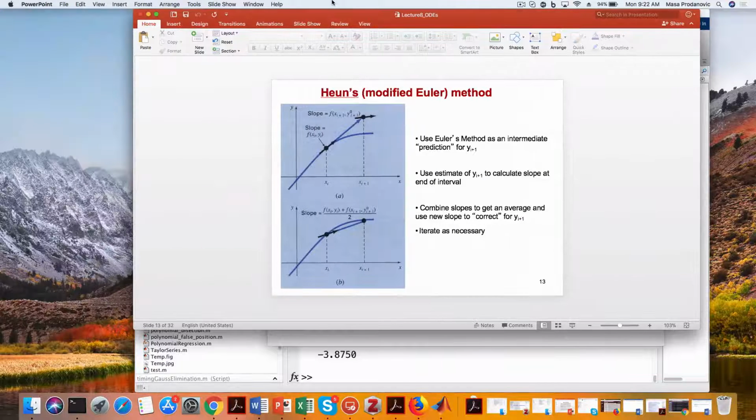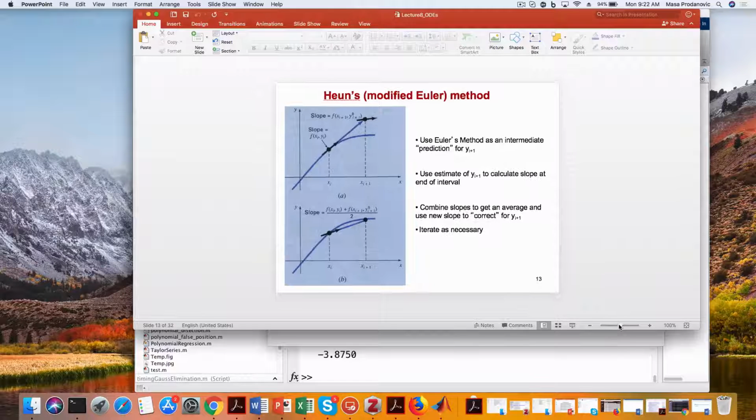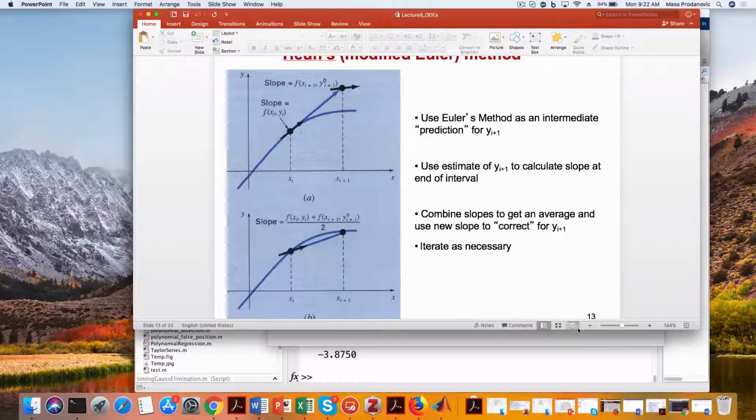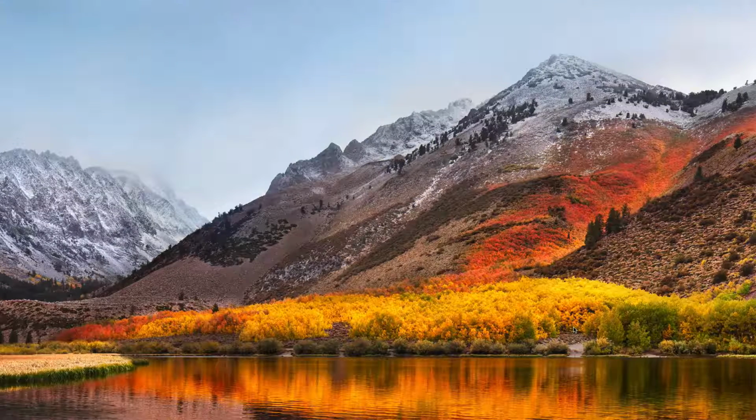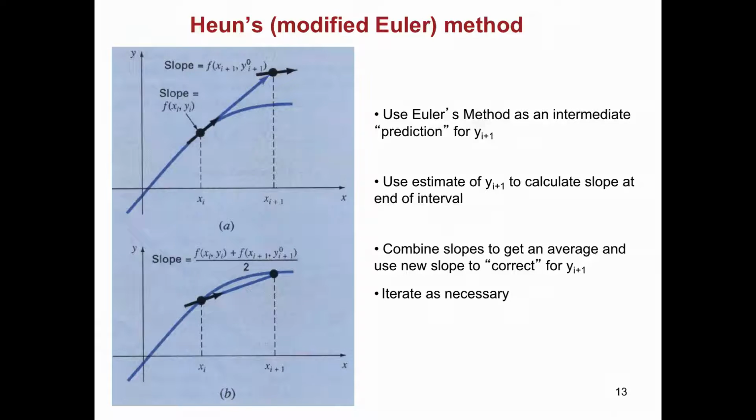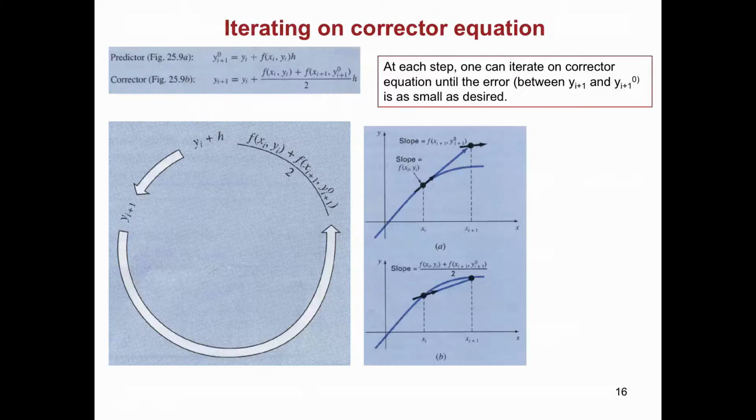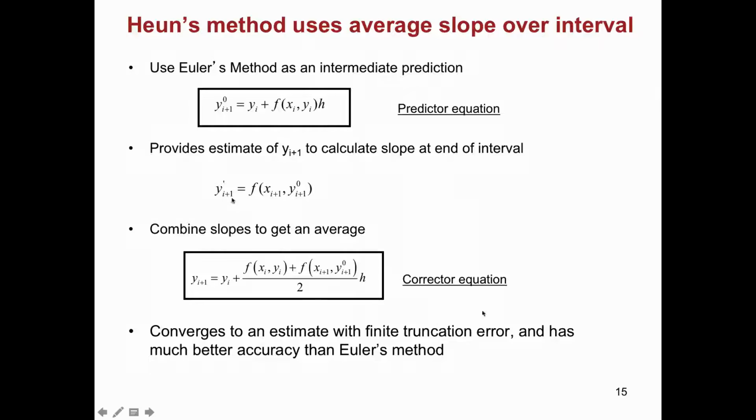Let's now take this on steroids. Ready? So the first improvement that I said, you could actually iterate this corrector equation. You'd either say, hey, do this 5 times until you improve, or you could also say, do it until error is small enough as usual.